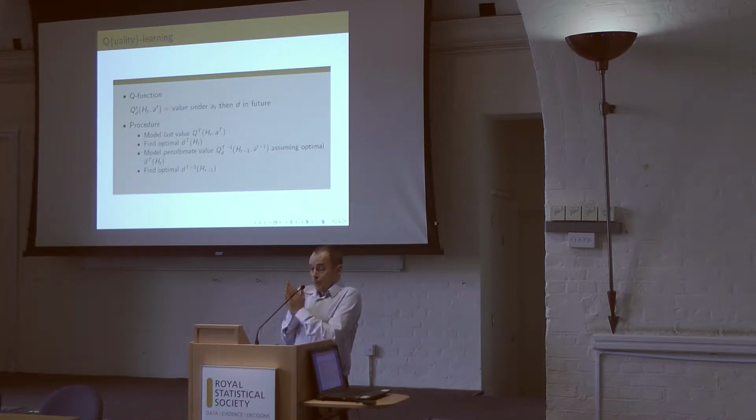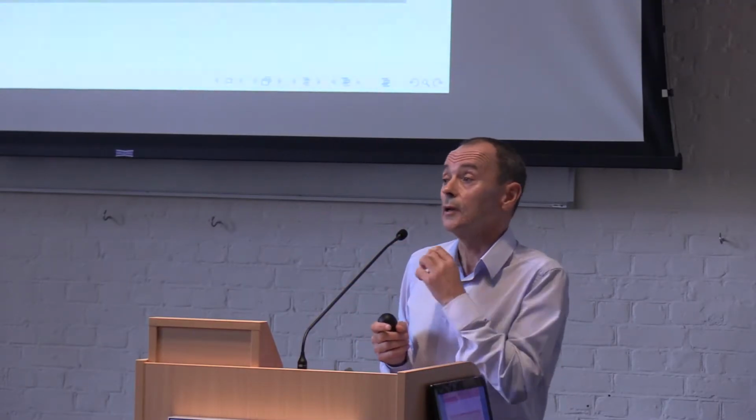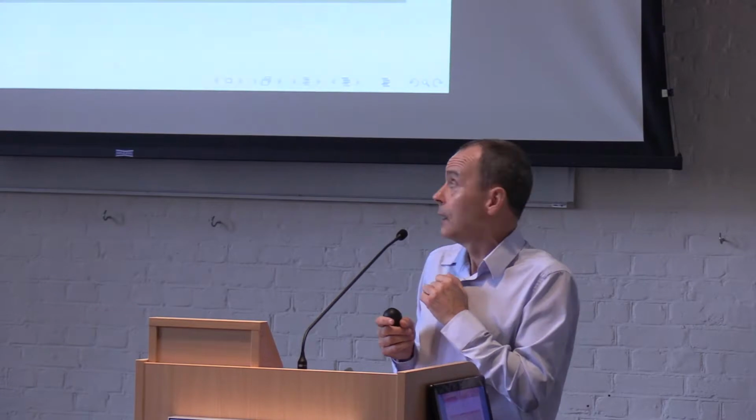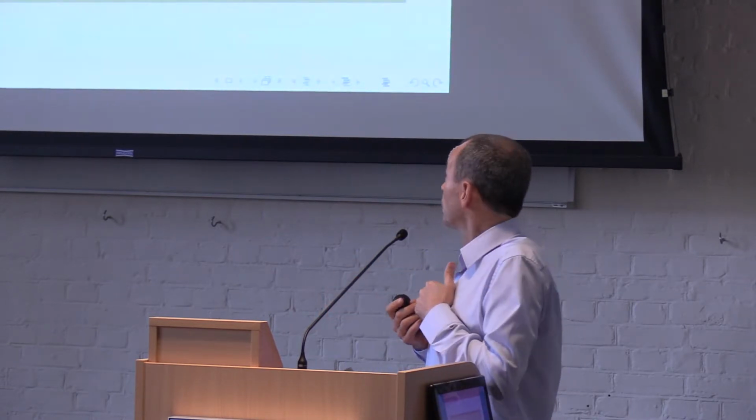It depends upon what decision rules you are going to apply in the future, so there's a subscript D there as well that says over the future I'm going to follow these rules. But for time t, I might not follow the rules. I might choose action little a. And that's the expected value, the expected reward if you do that. Action A now, rules D in the future.